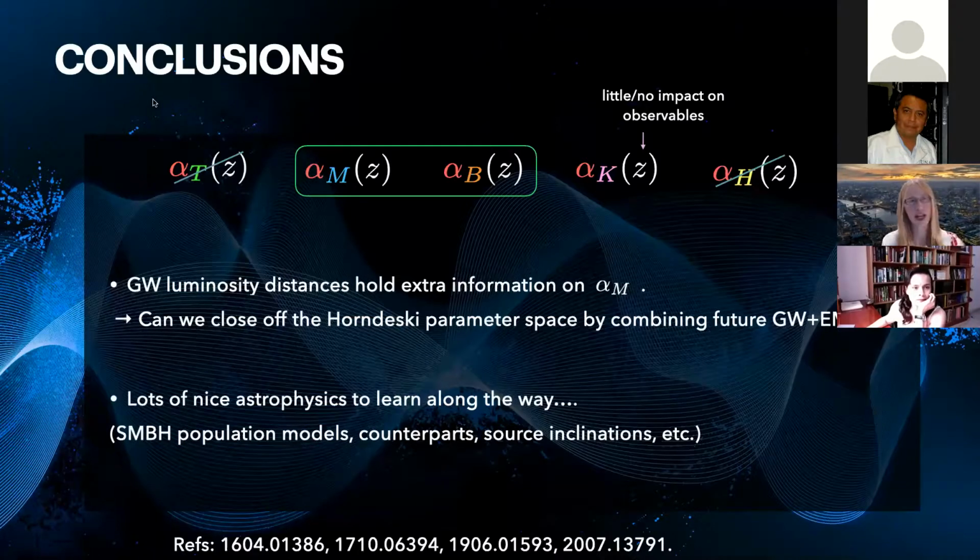So when you say the Lombriser paper, do you mean the one that suggests that it might be hard to detect this luminosity distance effect? Right. Yeah, okay, exactly this.